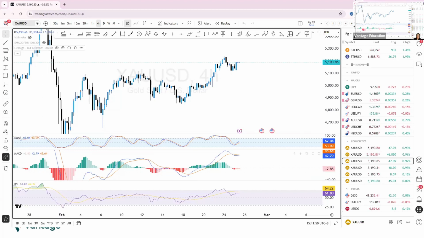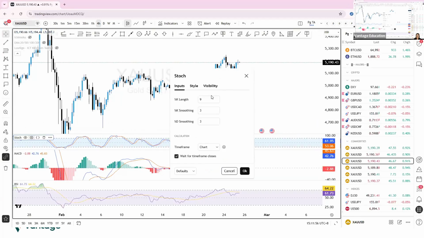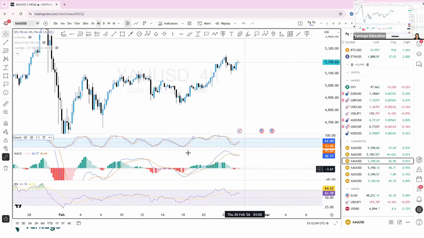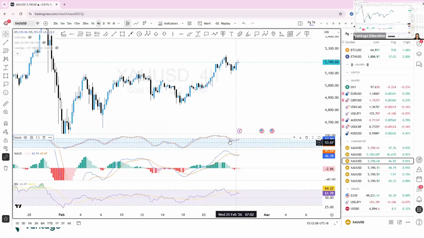Stochastic has different settings. Some people use 5, 3, some people use 9, some people use 20. Then you see that if you use this, it seems like price wants to bounce off from here. So what are you going to do?